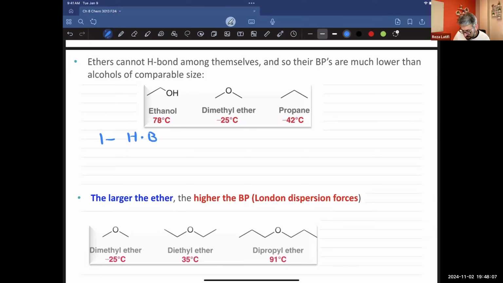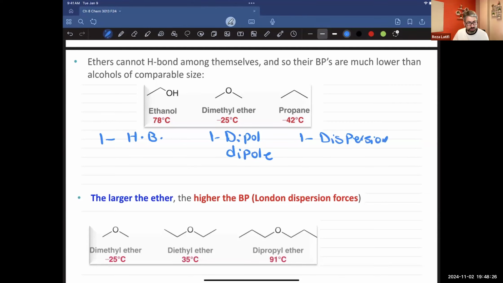For the second molecule, the strongest force will be dipole. Well, for alkane, the strongest force will be dispersion.